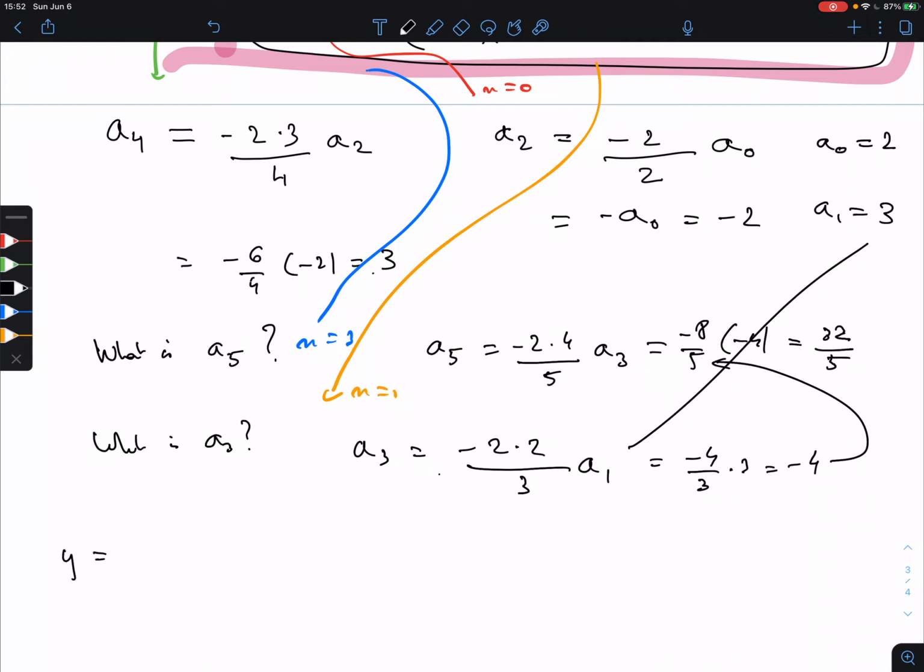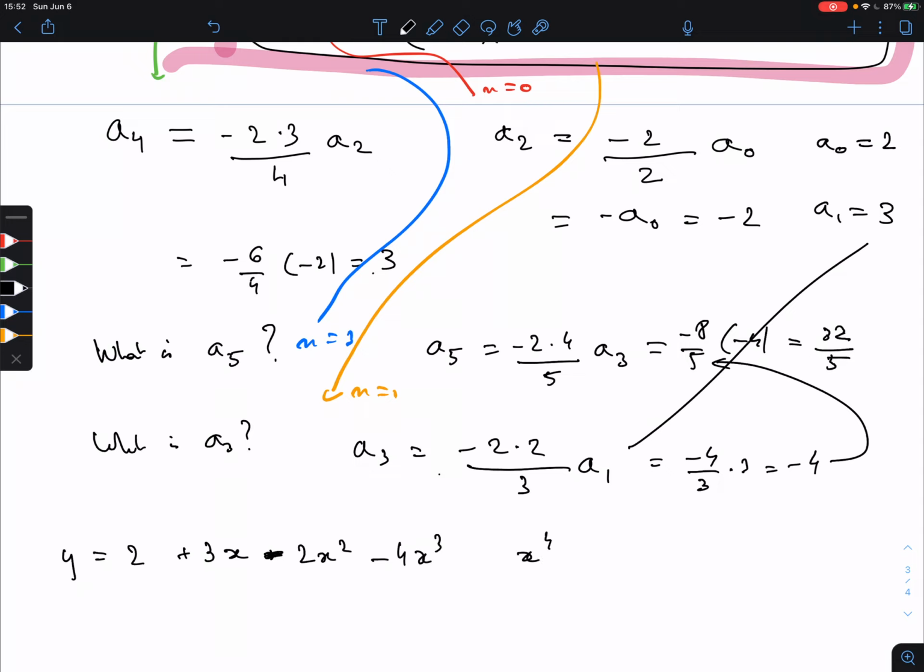So y is 2, a0, plus 3 times a1, x, plus a2 x squared. What is a2? Minus 2. So minus 2x squared. a3, we calculated, was negative 4, and a3 is the coefficient of x to the power 3. a4 will be the coefficient of x to the 4.